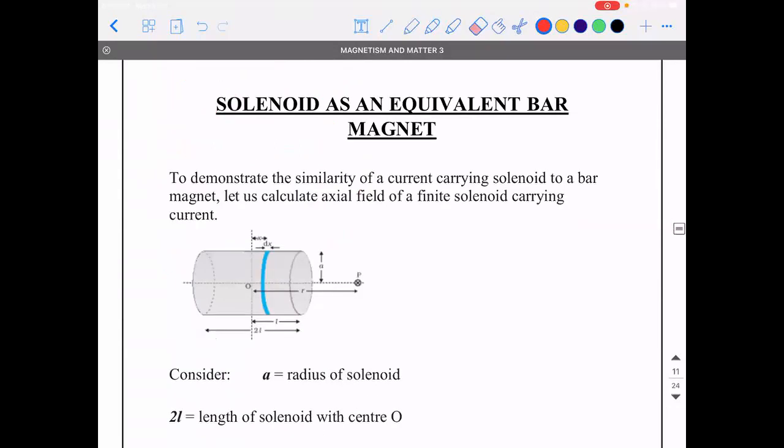So write it down. Solenoid as an equivalent bar magnet. Okay, write down the heading. So if you take a solenoid in a three-dimensional space, it is going to look like a cylinder, right? So on the solenoid, let's say there are windings like this.